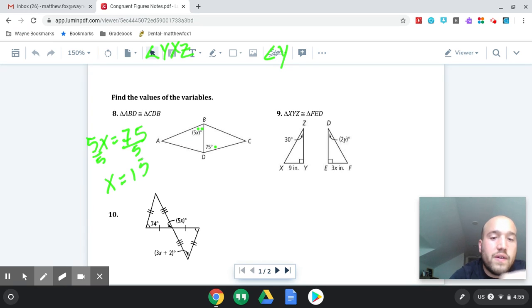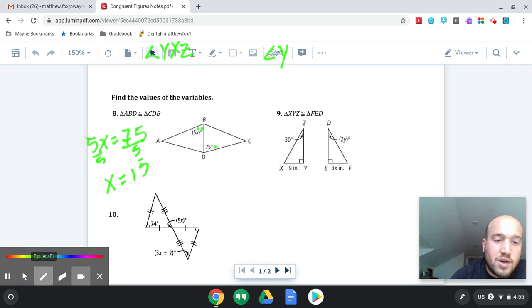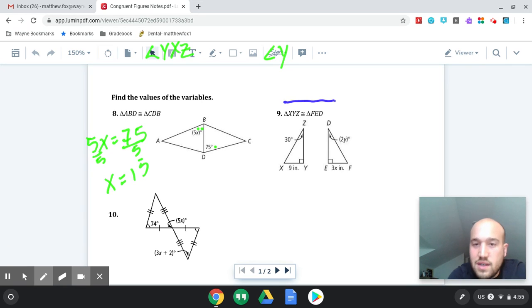Okay. Now, on question number 9, same thing. Keep in mind, XYZ is congruent to FED right there. Now, if we look here, it says to find the different variables. Okay, so we have an x right here, a little x for 3x, and a little y right there.